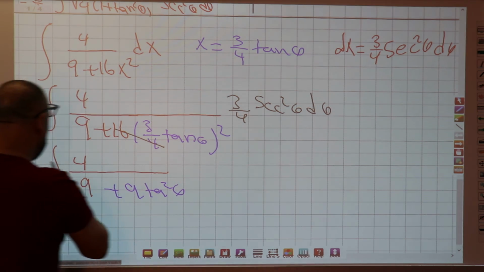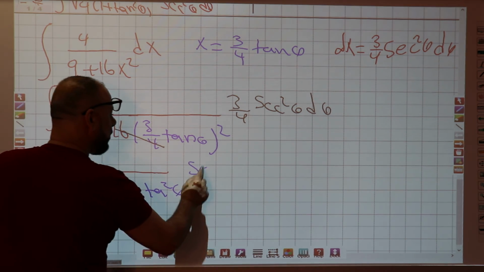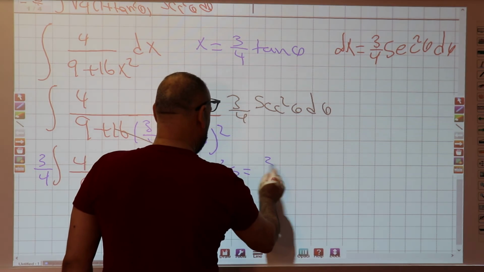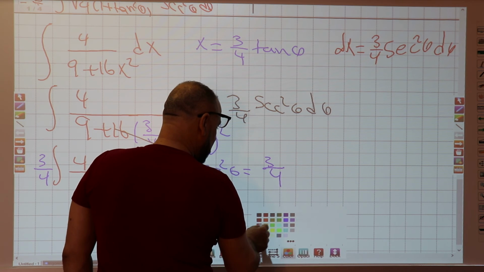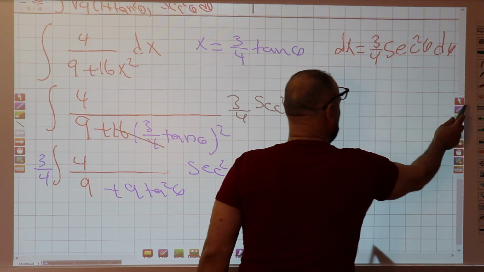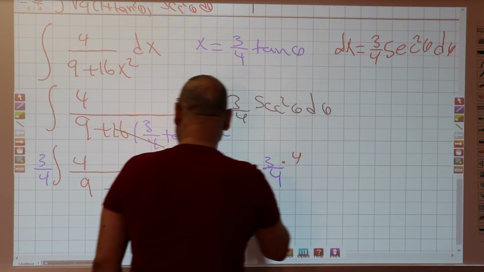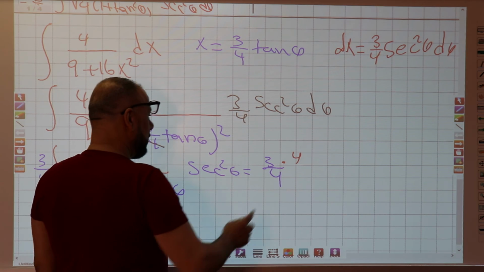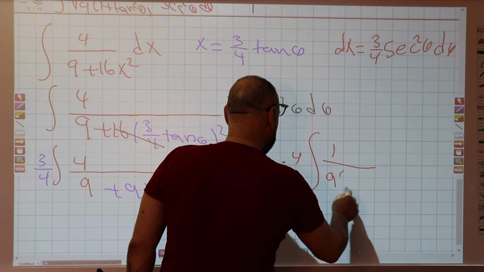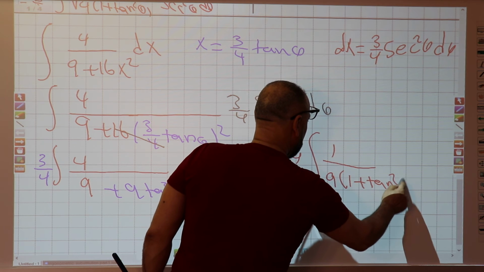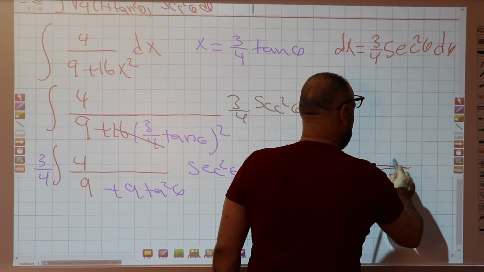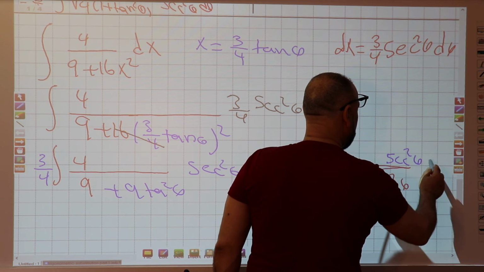And here, 3 over 4, I can take it out, with this secant squared theta. Then 1 over 9, 1 plus tan squared theta, and secant squared theta d theta.